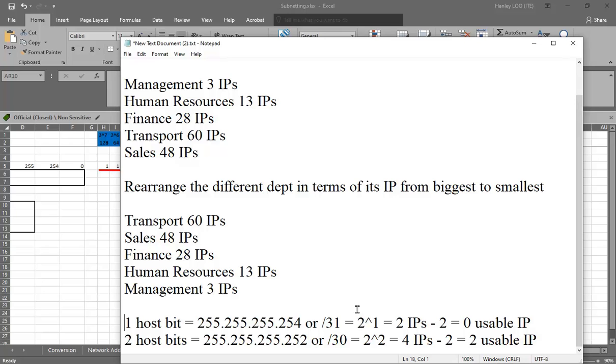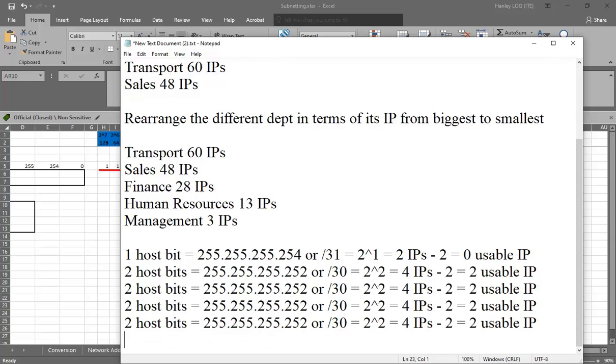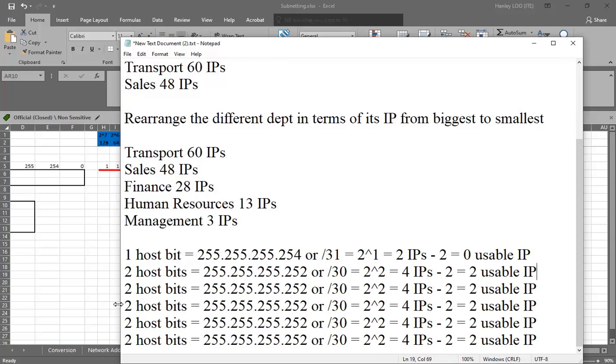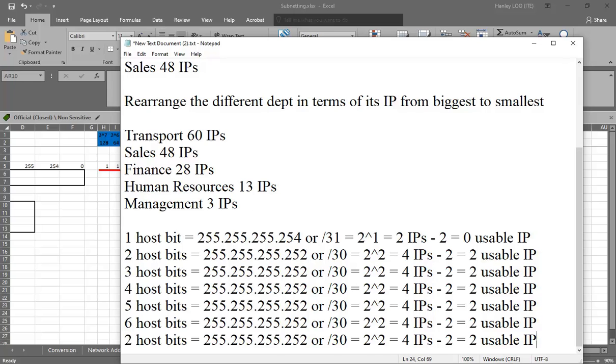So you can generate all these different numbers of IP address requirements based on a table before you allocate for the different requirements. So the masks go 252, with 3 bits it will be 248, 240, 224, 192 and 128.